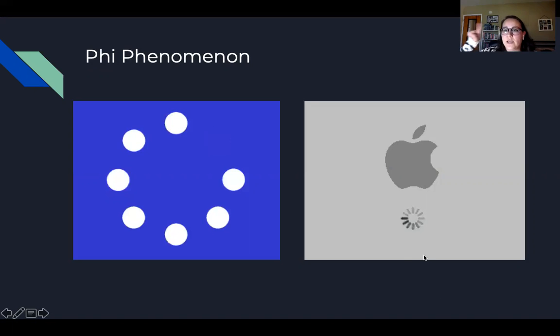Again, it looks like the wheel's spinning, but it's actually not spinning. It's just the result of different frames that have different objects and different orientations of them. Like if you've ever seen a comic flip book, our brains are integrating that so that it looks like smooth movement. We're not picking up on the individual frames or pieces of this, but rather we're seeing it as one moving whole.